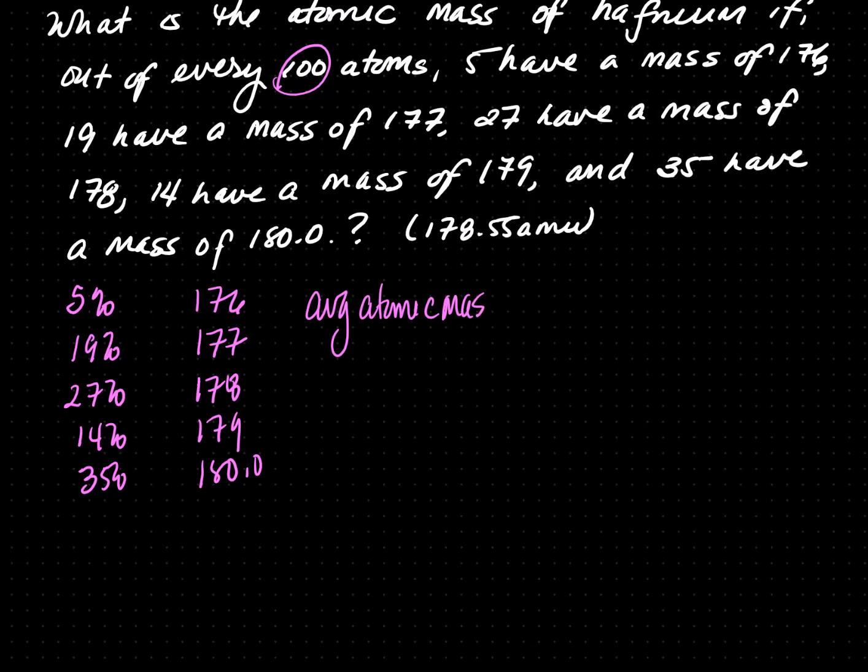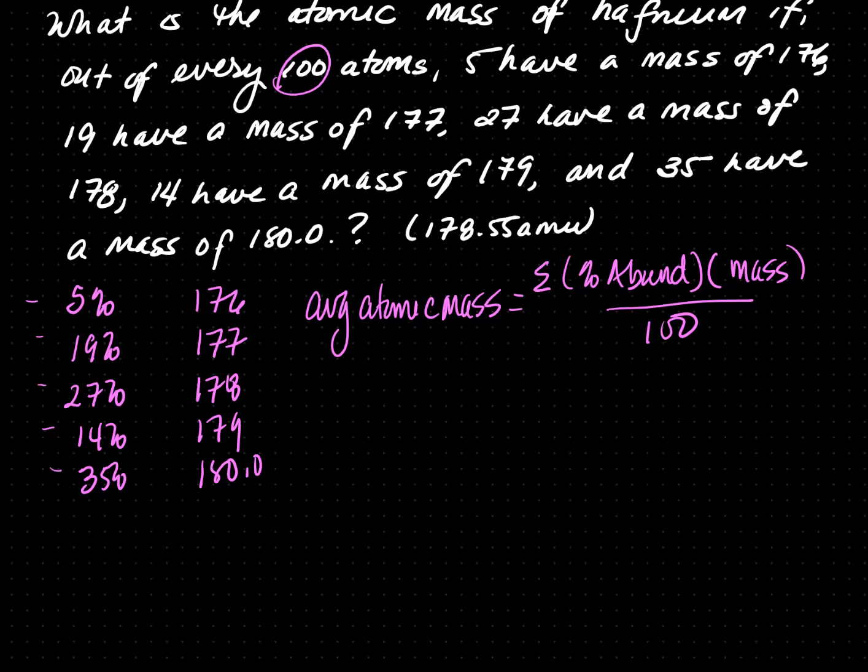The average atomic mass equals the sum of the percent abundance of each of the isotopes times the mass of its isotope, divided by 100. Since this one has 1, 2, 3, 4, 5, you should have 5 of them.